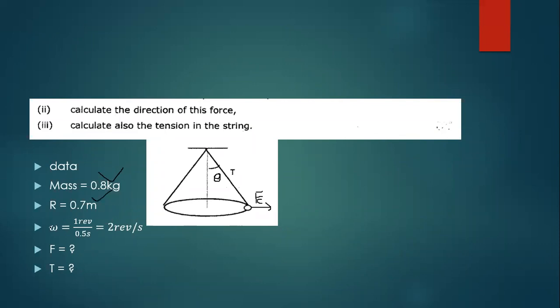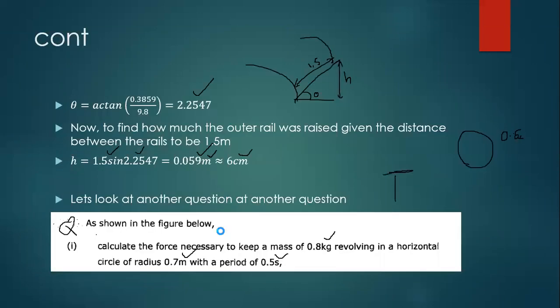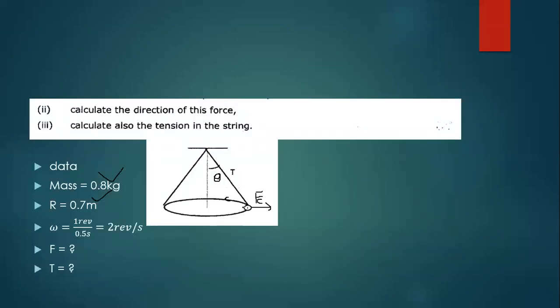As this ball revolves in this circular path, the period will be the time if it starts from here at 0 and comes back to this point in a time of 0.5 seconds.